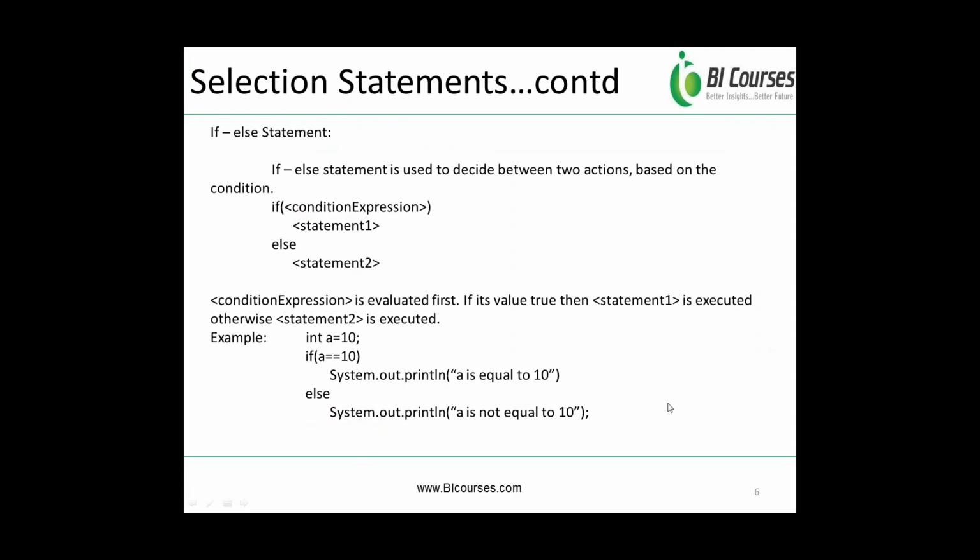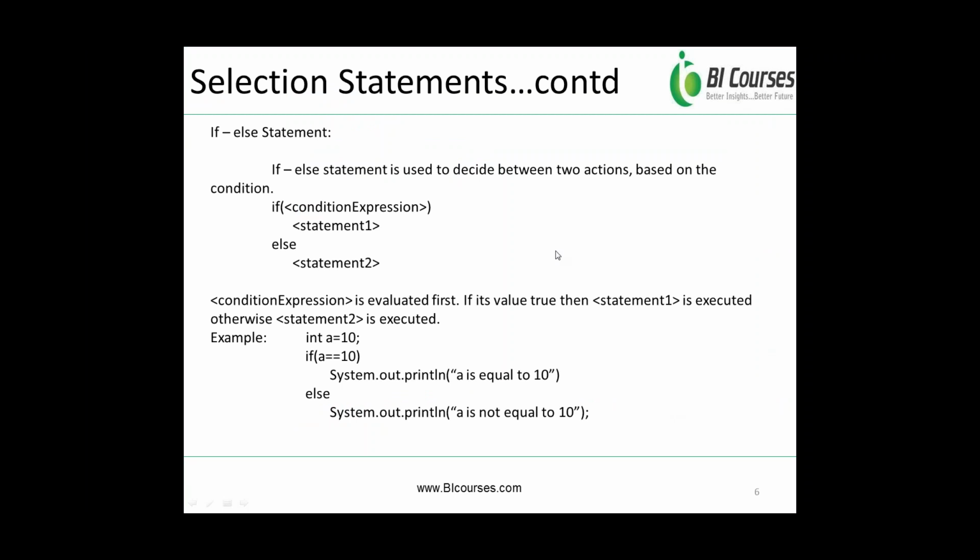Next, the if else statement. In the earlier slide we discussed that if the expression is true, then execute one statement. If that expression is not true, what do we need to do? If there is any alternate flow that we want to execute, then we can mention it in this if else statement.